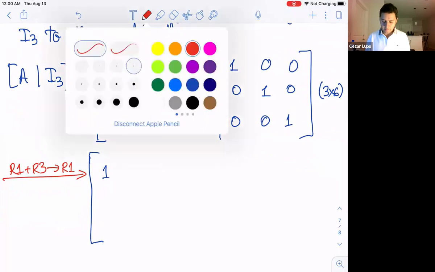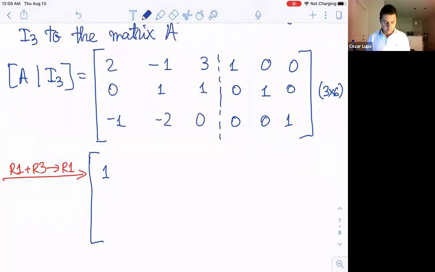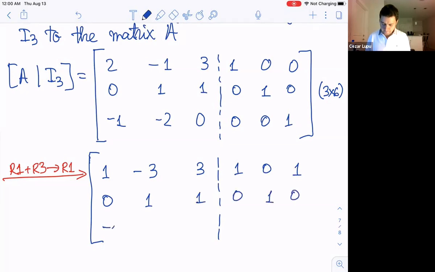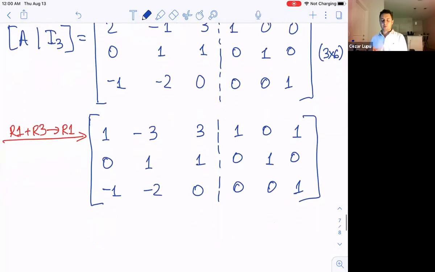Now this will be 1, -3, 3, 0, 1. Okay, and here I'll have 1, 0, 1. Here I'll have 0, 1, 1. Okay, great.